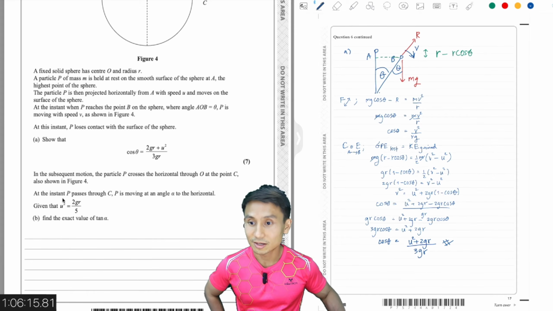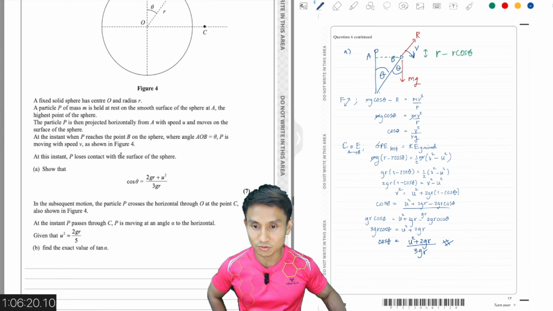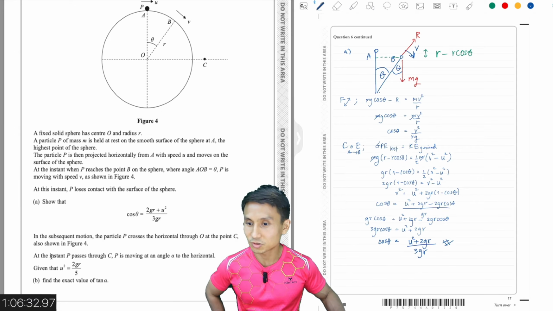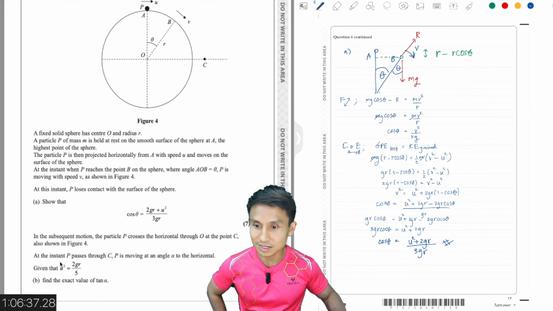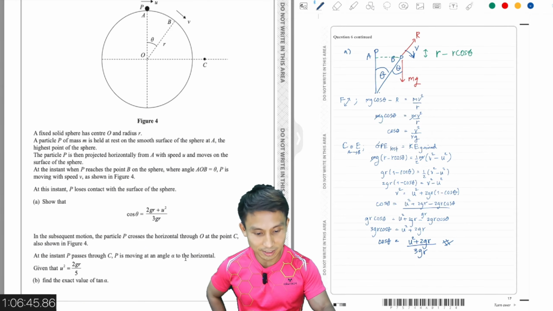Okay. In the subsequent motion, the particle P crosses the horizontal through O at point C, shown in figure 4. It means that it's just passing point C. At the instant P passes through point C, P is moving at an angle alpha to the horizontal.